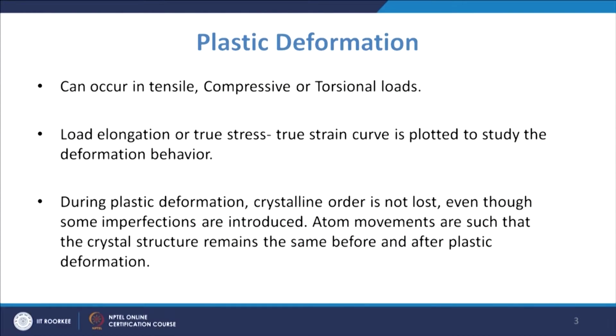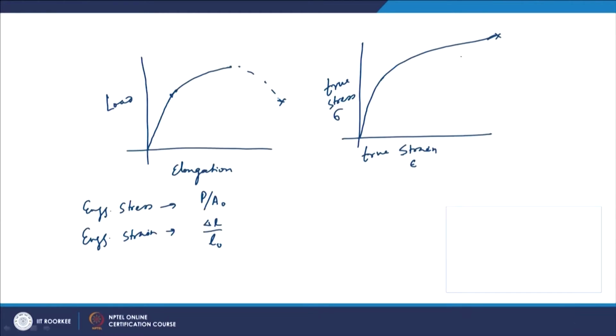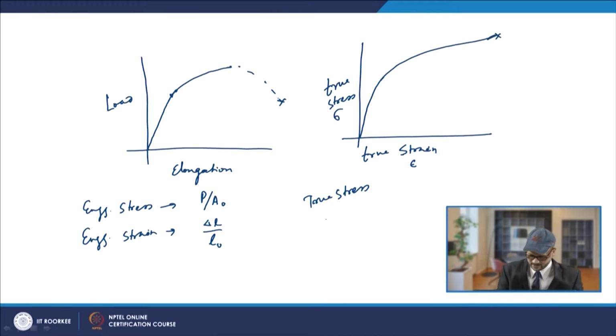So, we can see that plastic deformation can occur in tensile, compressive or torsional loads. Now, the load-elongation or true stress-true strain curve is plotted to study the deformation behavior. True stress will be the load divided by the instantaneous area, so P upon A_i, that is the instantaneous area.